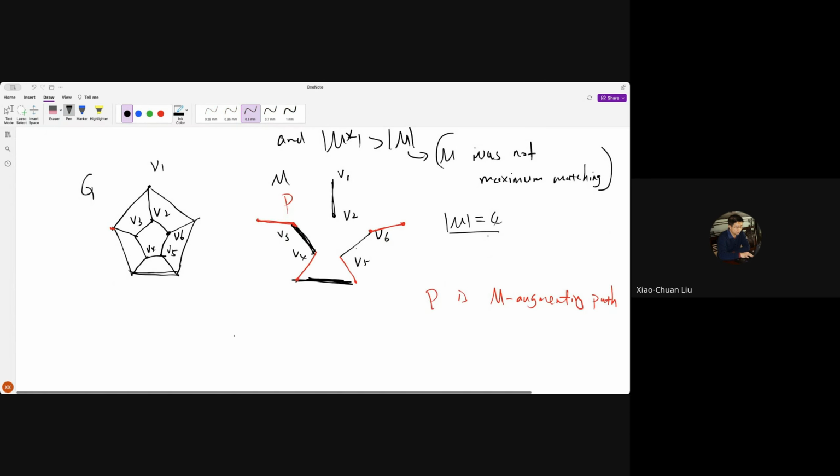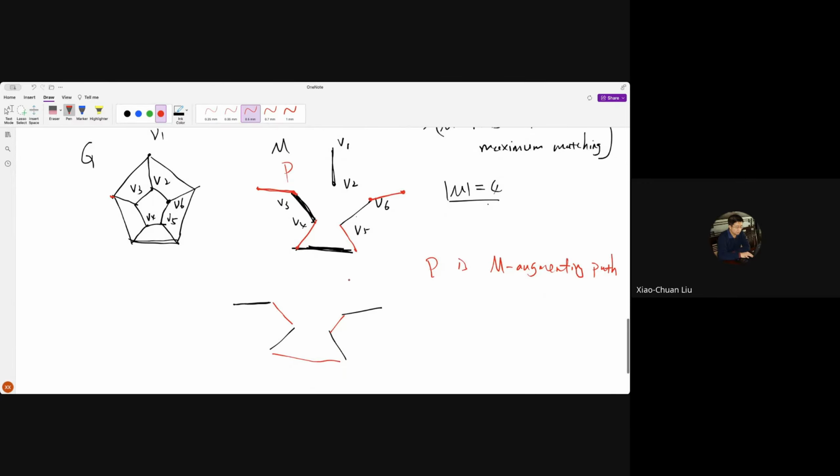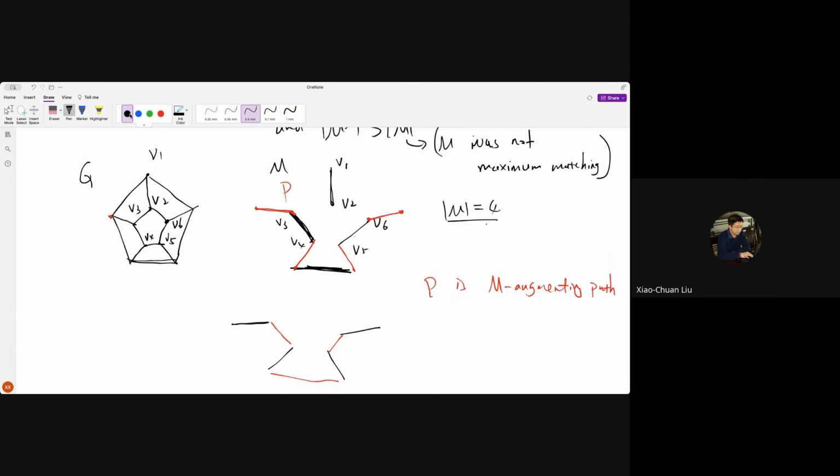By flip, I just put this edge, and this edge, this edge, and this edge, and the rest is red. I change the color, and I don't touch the first edge, so I get a new matching which has 5 edges. Okay, so this is the idea.